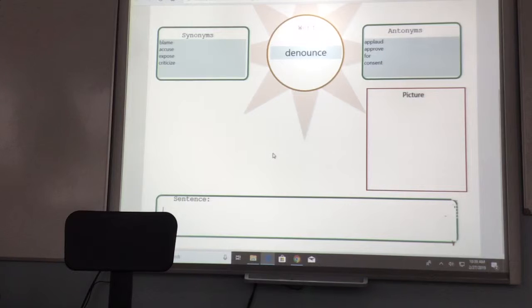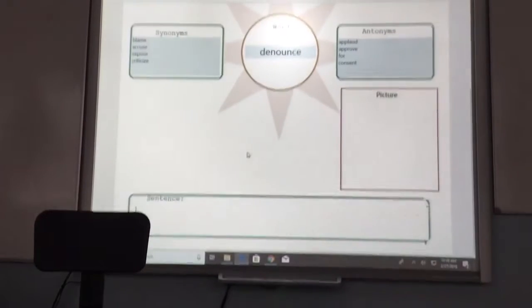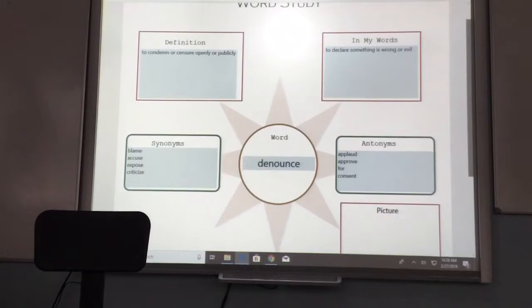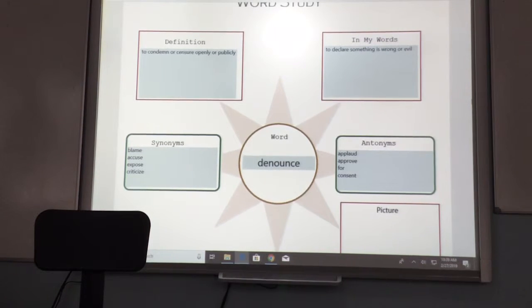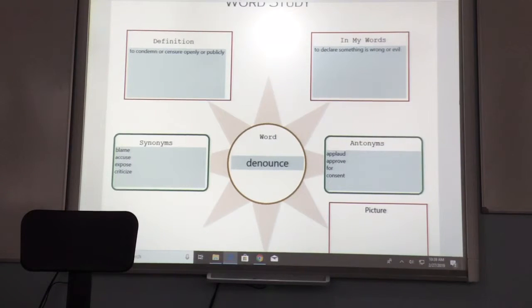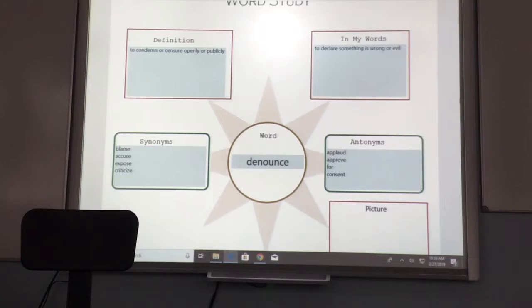Let's have a sentence, guys. What sentence are we gonna use? I went to school... I publicly denounced against... Look at the definition again. To condemn or censor openly or publicly. Or, in our own words we said, to declare something is wrong or evil.